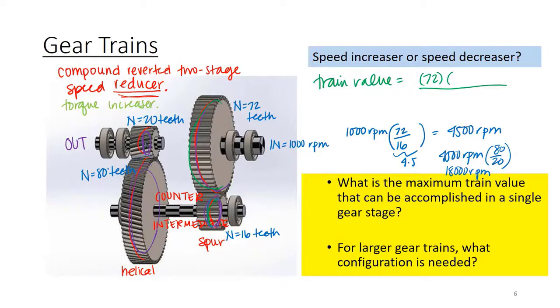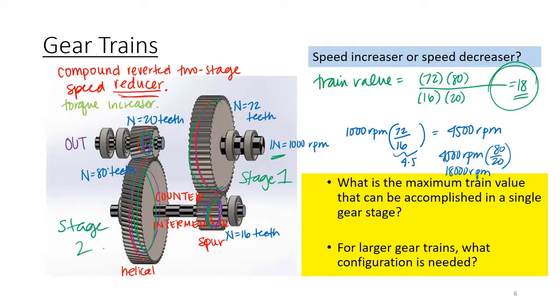It's driving this 16-tooth pinion. Here's our second driver, has 80 teeth, and it's driving a 20-tooth pinion. So that should give us 18, and that's our train value. You'll notice that this is our overall train value. It was broken up into 2 stages. So if this is our input, we probably call this stage 1, and this stage 2.